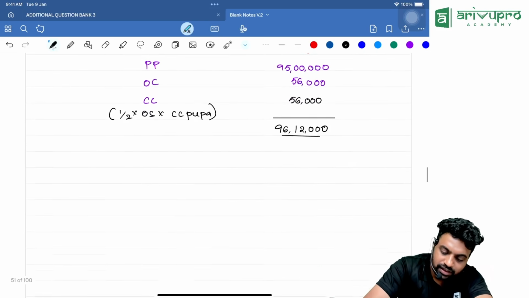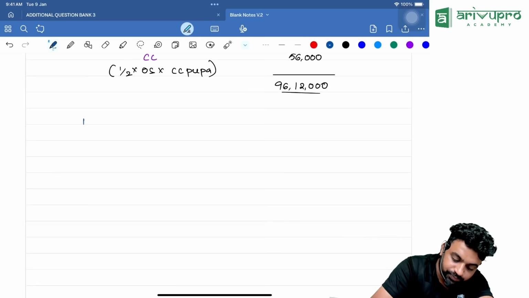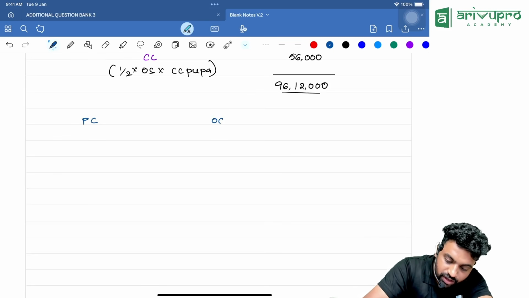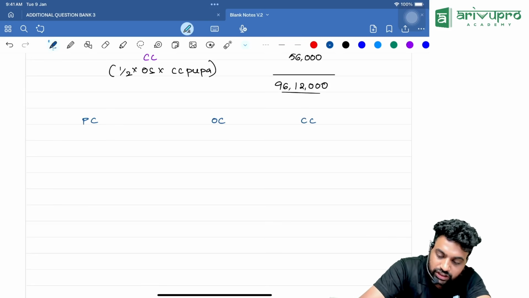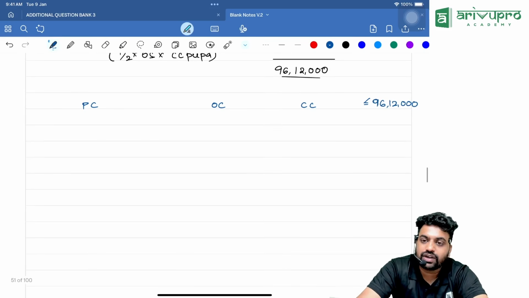Total cost includes 3 components: purchase cost, ordering cost, carrying cost. Here I should make sure it is less than or equal to 96 lakh 12,000.